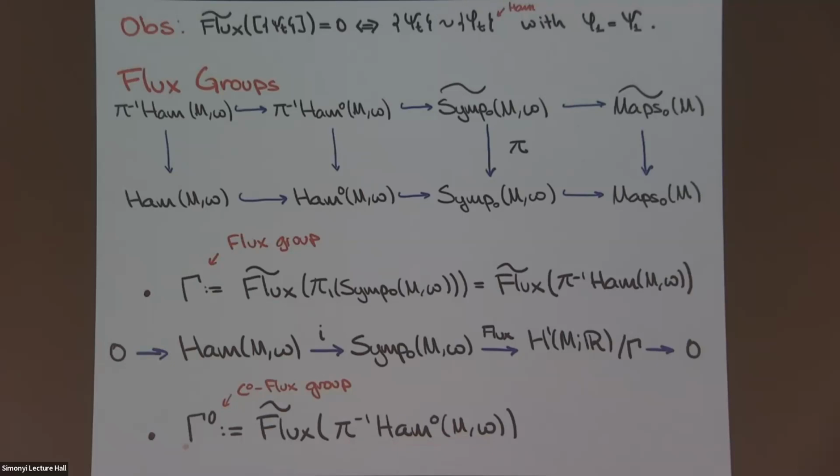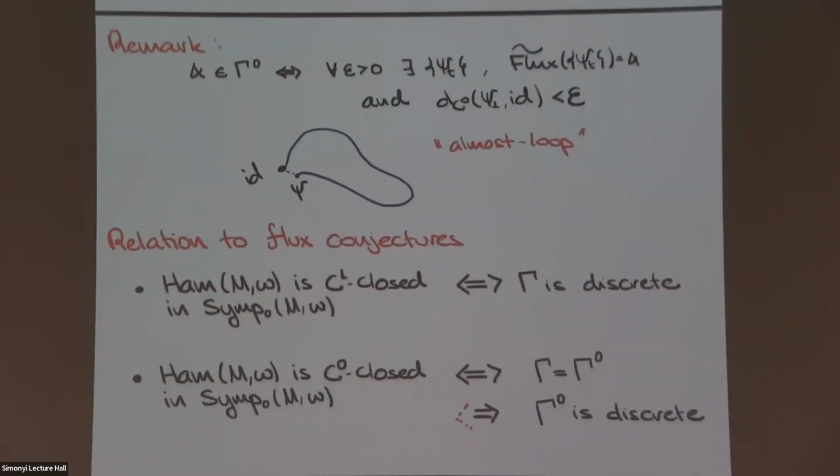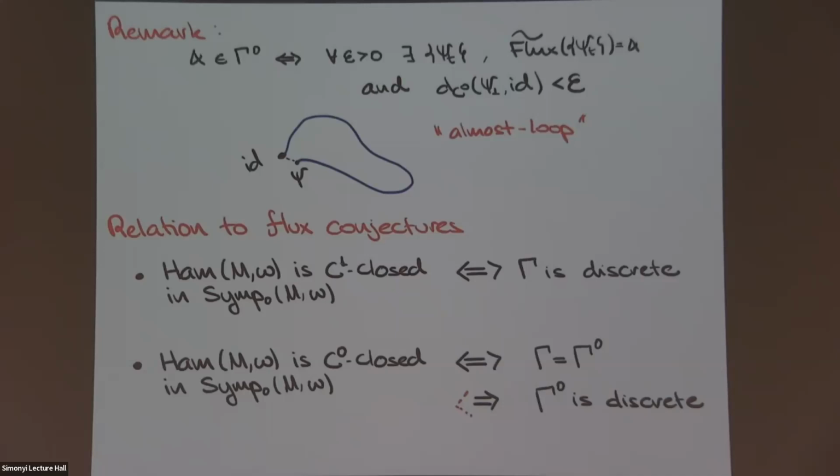For Gamma_0, the C0 flux group, we don't have such a nice description, but we can characterize them as what we call almost loops. What do I mean here? I mean that any class in the C0 flux group can be seen as the flux of a symplectic path whose endpoint is arbitrarily close to the identity in the C0 topology. So we don't get loops, but we get almost loops. And this characterization will be very helpful later on.